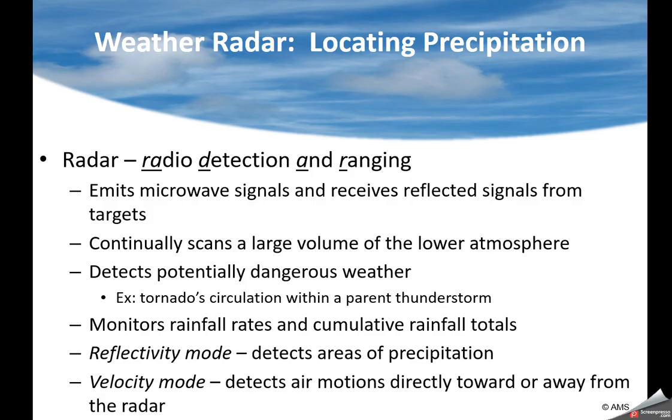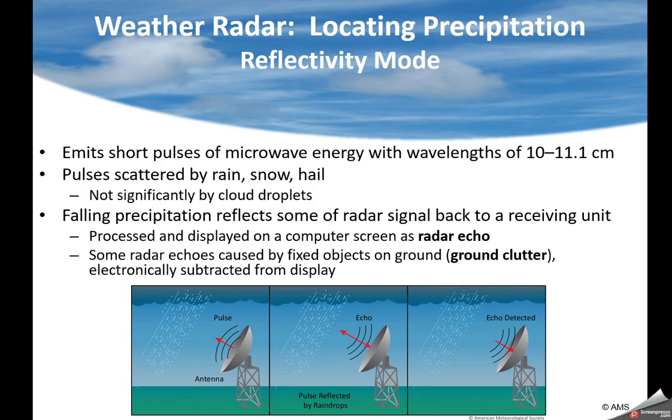And because we're doing Doppler radar, we can take the Doppler effect into account and determine the velocity. So we have reflectivity mode that detects these areas and intensity of precipitation, and Doppler mode determines whether the air is moving away from my radar or towards my radar. That's what it detects.